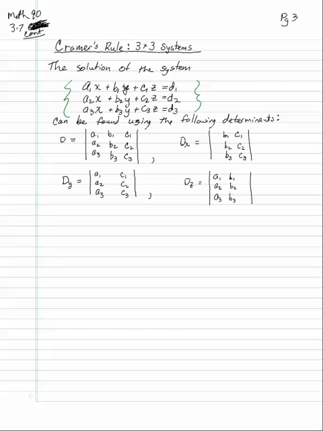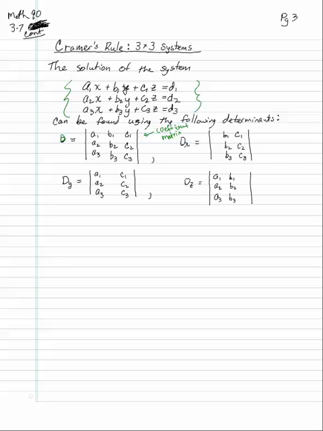Now I want to emphasize the words that I used in the other one so you don't get overwhelmed. Notice that D is just the determinant of the coefficient matrix. Okay?